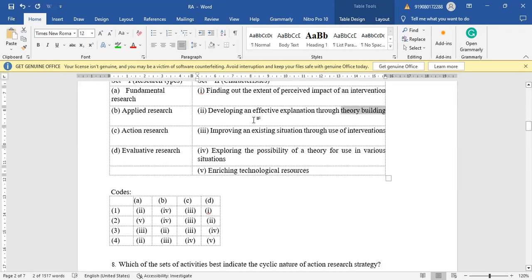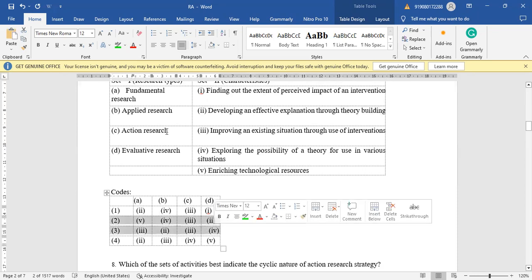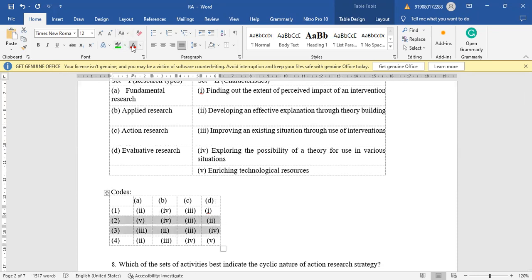So A is 2. If I'm confident in my finding, then I can rule out 2 and 3, correct? Now you have to check action research. The answer is 1.